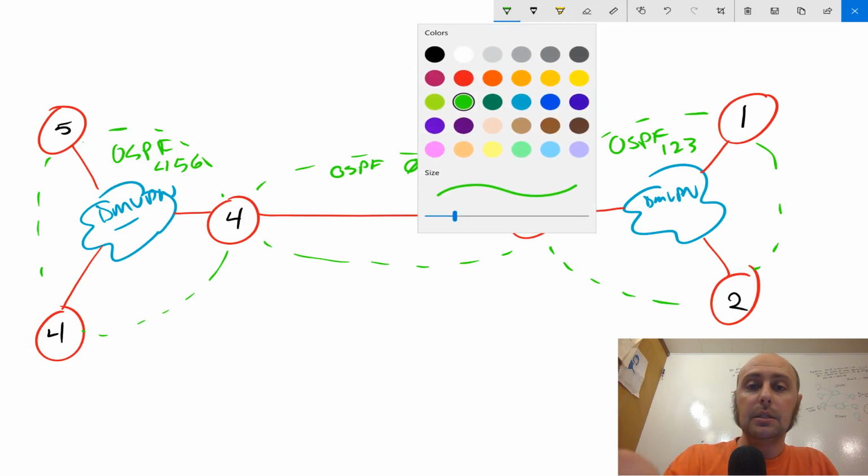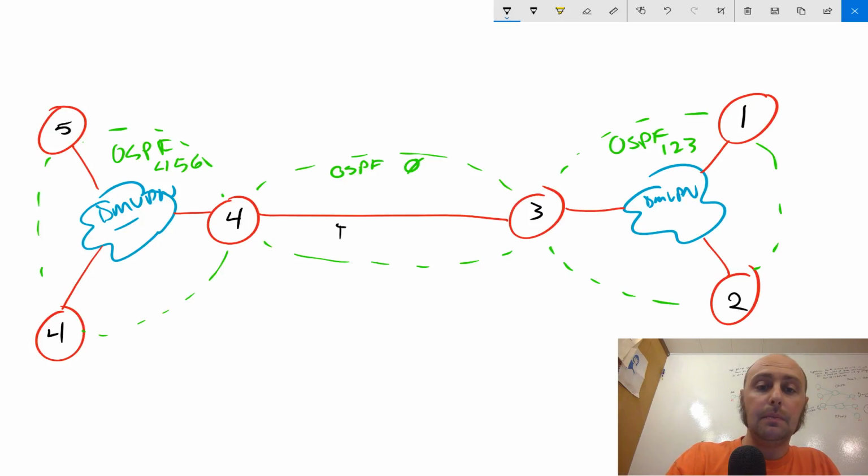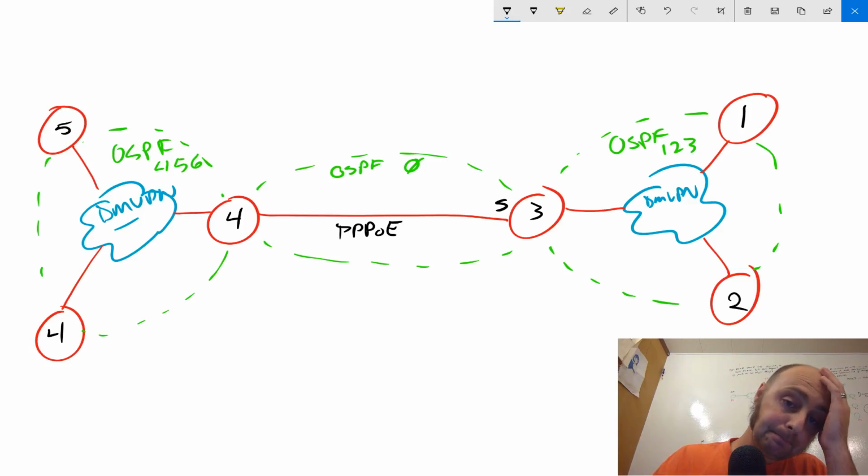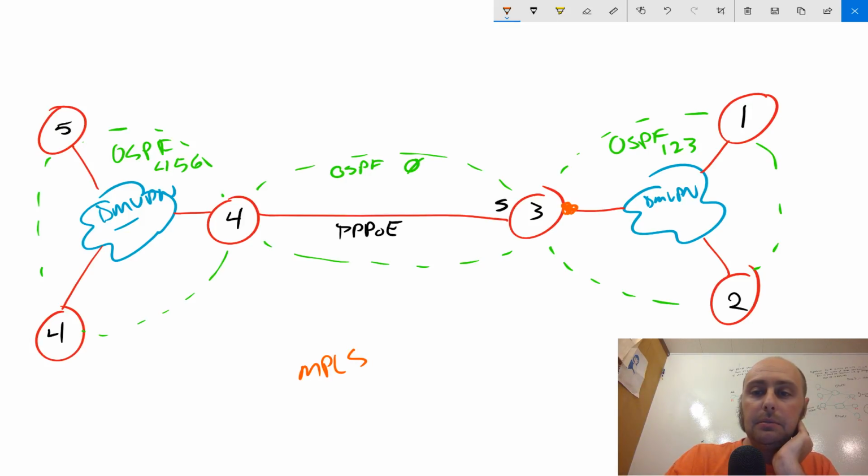And in fact, this link here is going to be PPPoE between these two guys. Router 3 is going to be the server of PPPoE. What else did I do there? I implemented MPLS on the tunnel interfaces.